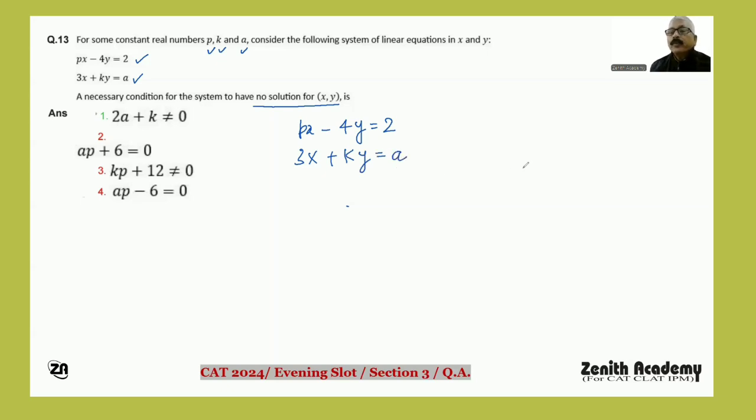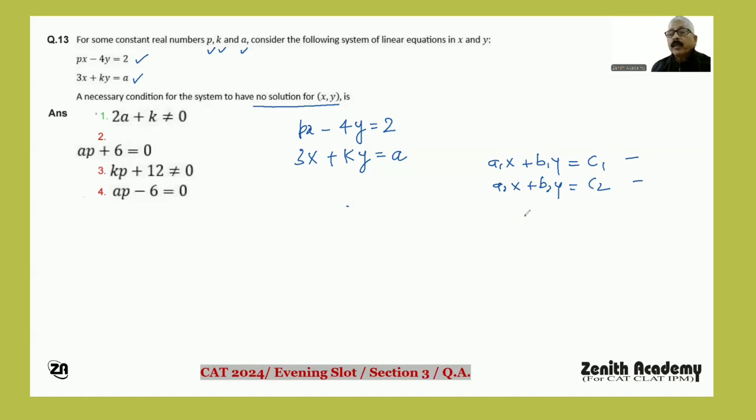So, you know, from linear equations, when you were taking concept classes, if there are two equations a1x plus b1y is equal to c1 and a2x plus b2y is equal to c2, when these two equations have no solution, there was a condition, right? You must have studied it in your concept class.